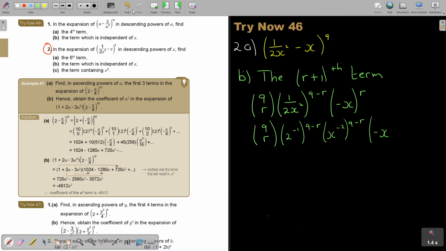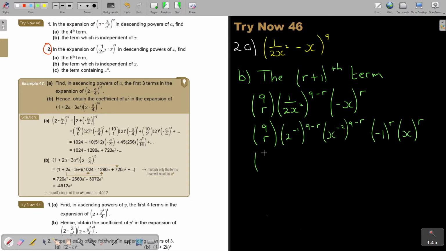I think what I'm going to do in this one, I don't want to be with the negative. Separate it. So make it -1 to the power of r, and make it x to the power of r. Okay, now I can work better with it.